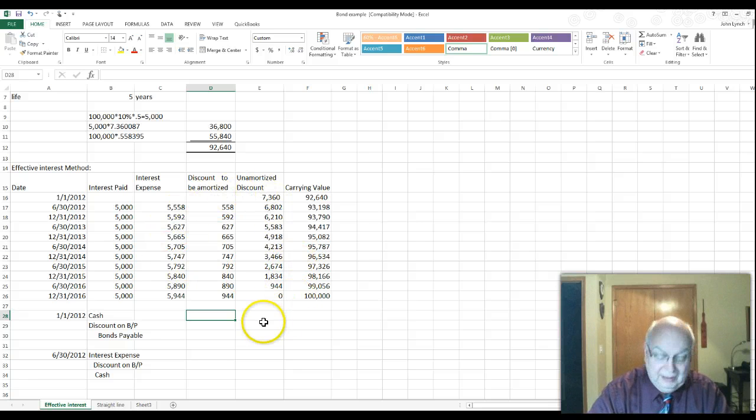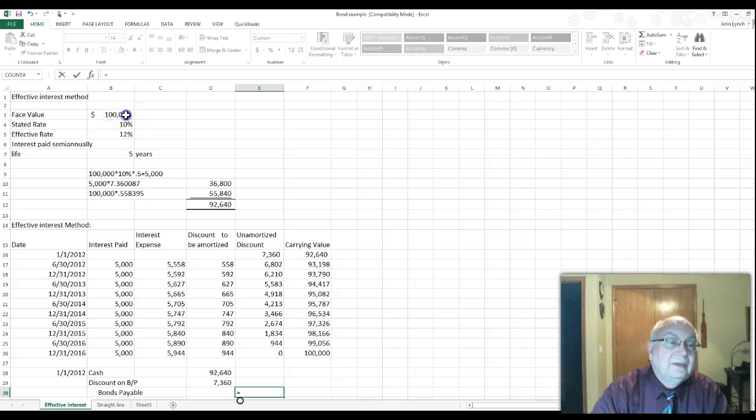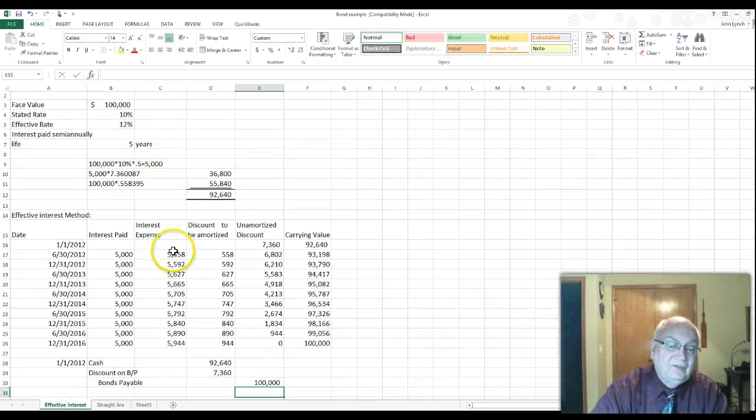Then for the journal entry, for the cash amount, that's the 92,640. The discount on bonds payable is the 7,360, and of course your bonds payable is the 100,000. Bonds payable is always at face value.